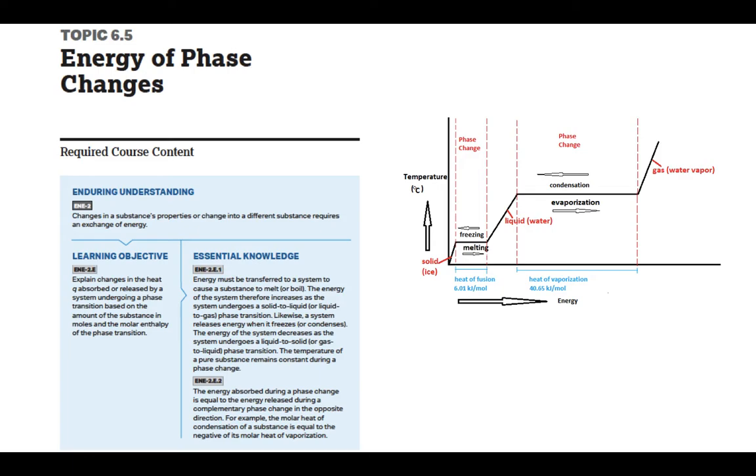For the flat parts, you should use delta H equals either the heat of fusion or heat of vaporization times the moles. So you would have to have the mass converted into moles. For the sloped regions, you would have Q equals M times C sub P times delta T. And you should know whether something is endo or exothermic.